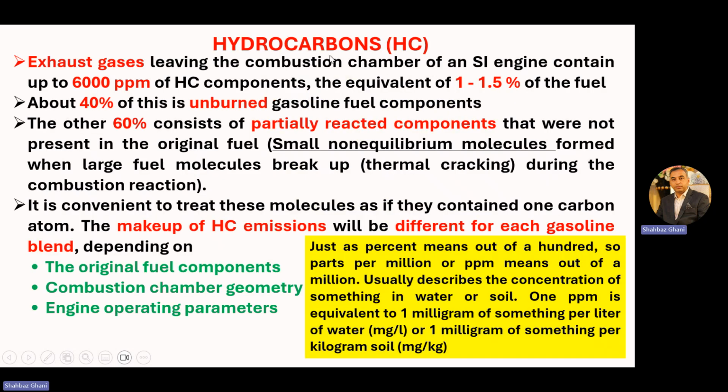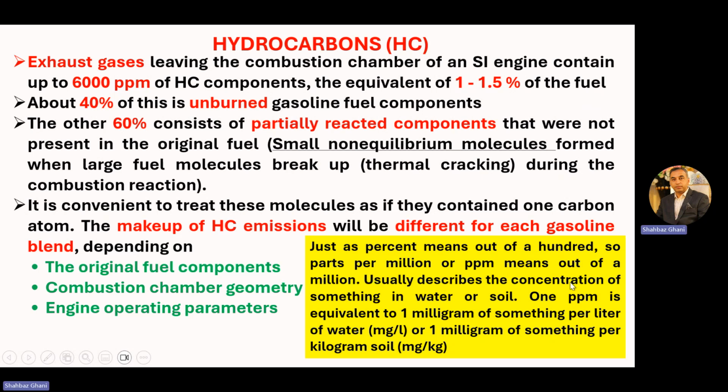Now first, the hydrocarbons. Exhaust gases leaving the combustion chamber of an SI engine contain up to 6,000 parts per million of hydrocarbon components, the equivalent of 1 to 1.5% of the fuel. Just as percent means out of 100, parts per million means out of a million.